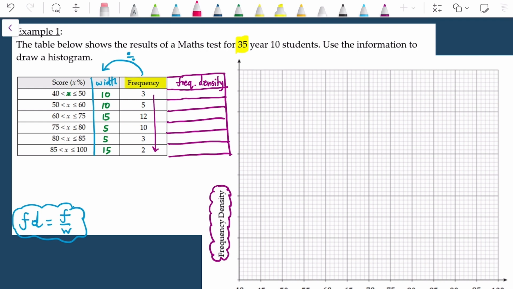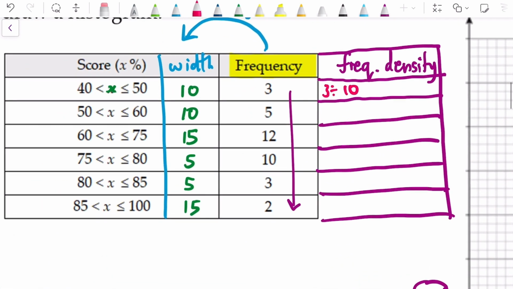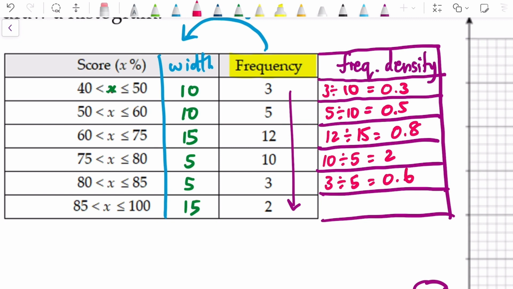Frequency divided by width: 3 divided by 10 gives me 0.3. 5 divided by 10, 0.5. 12 divided by 15 is 0.8. 10 divided by 5 is 2. 3 divided by 5 is 0.6. And 2 divided by 15 is 0.13 recurring.